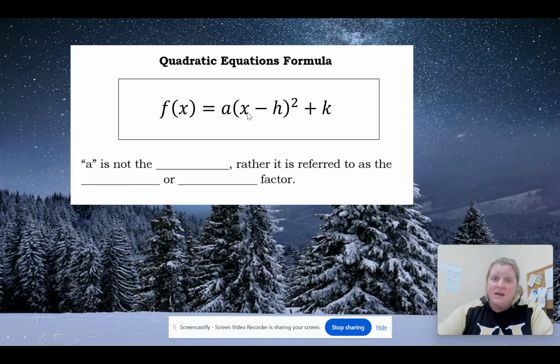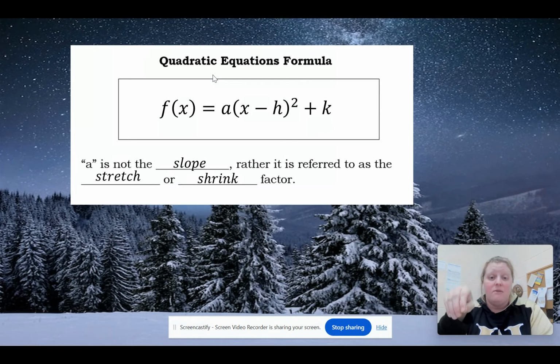And all formulas have x's in them, so the only thing that's new here is the a. Unlike lines, a is not slope right here. We don't have a slope of this graph. We have what's called a stretch or a shrink factor. So there's a different technique to graphing quadratics that you have not learned yet, but you're going to learn in this video.